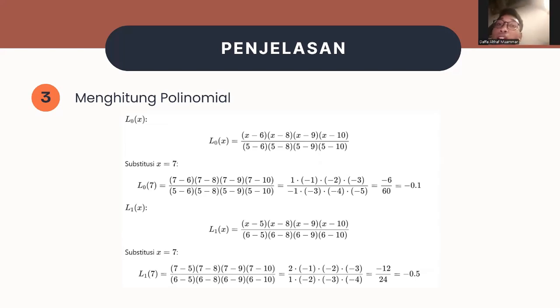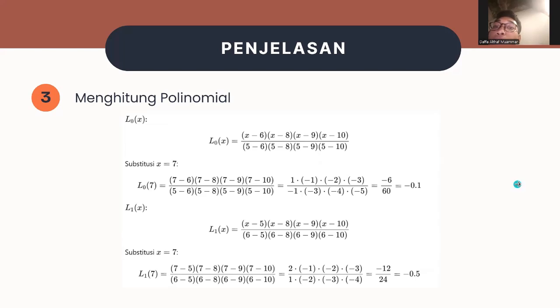So L0(7) is equal to 7 minus 6, 7 minus 8, 7 minus 9, 7 minus 10 divided by 5 minus 6, 5 minus 8, 5 minus 9, 5 minus 10. That equals minus 9 divided by 60, which is minus 0.15.